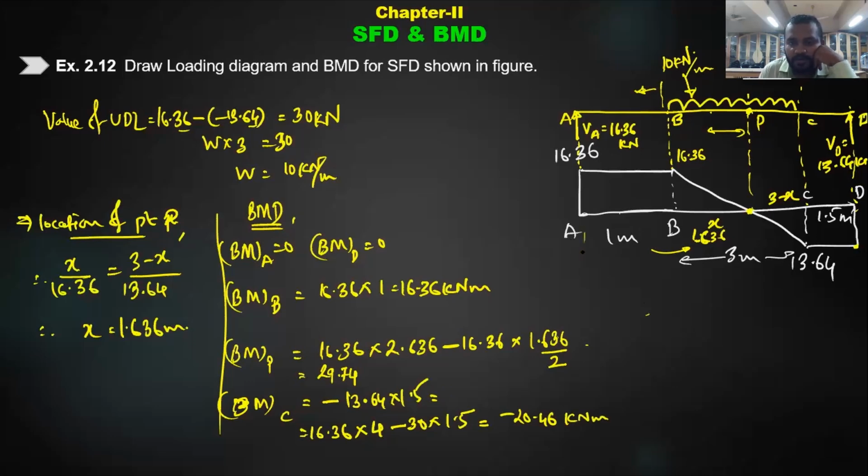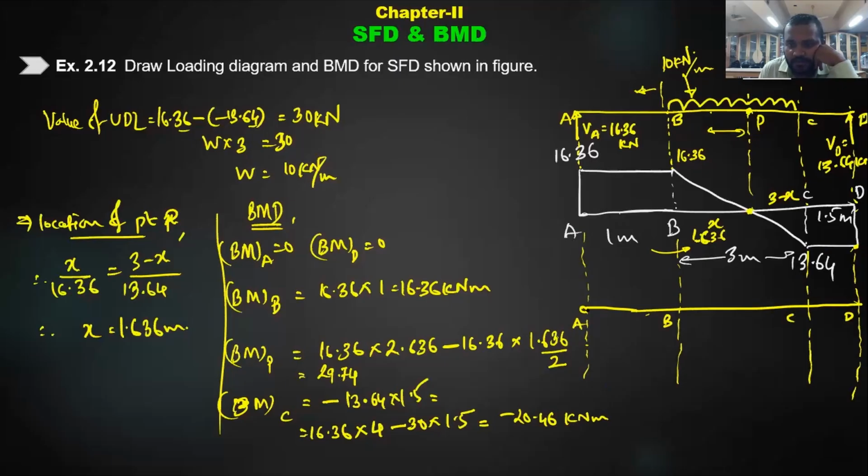So now we can draw the BMD immediately. एक बार प्रैक्टिस हो गया तो these all things are very simple. कोई भी complex problem you can solve. There's not much difficulty you will find. Okay, so let's start. 0 for point A, B, C and D. 0 for point A, 0 for point D. Then B पे है 16 something, positive 16.36.